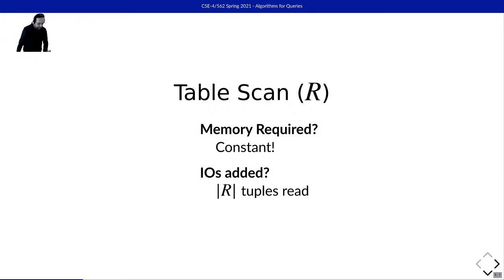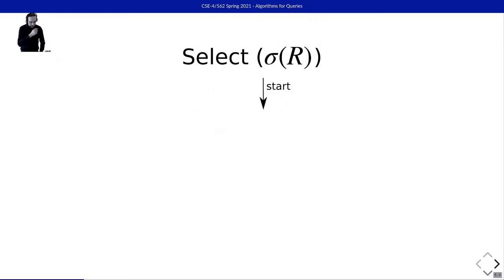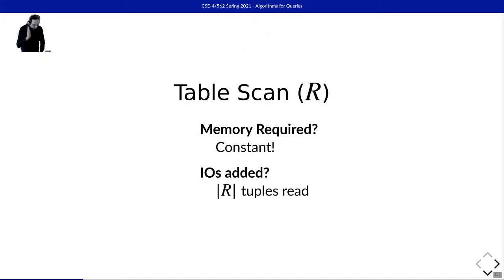Okay, so table scan is kind of the trivial case. Let's talk about, oh, there's a question. Deepak asks, reading n tuples at a time and processing the batch versus reading one tuple at a time.